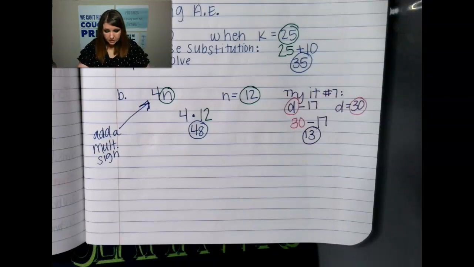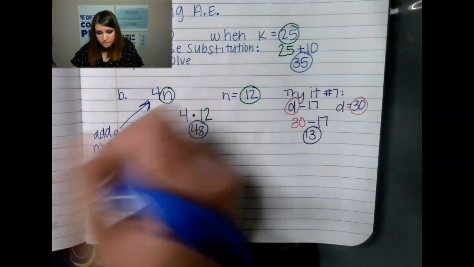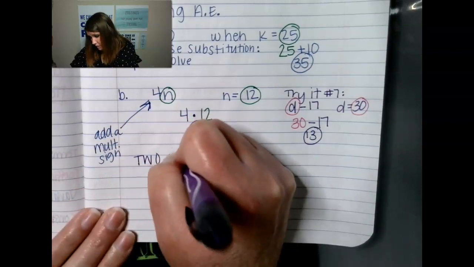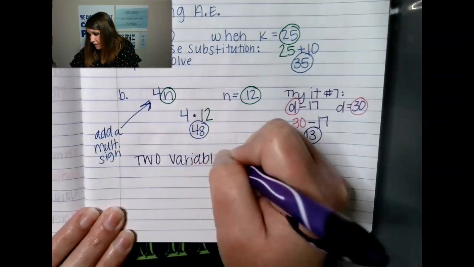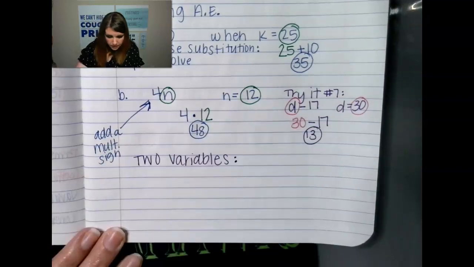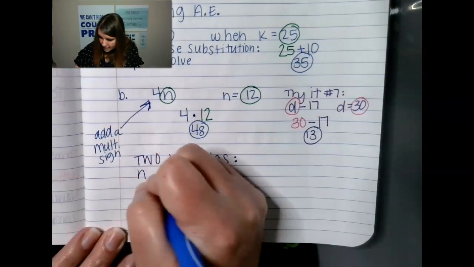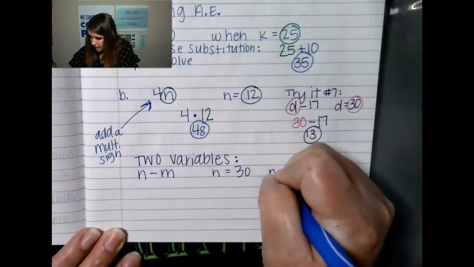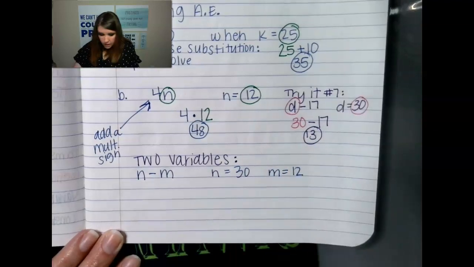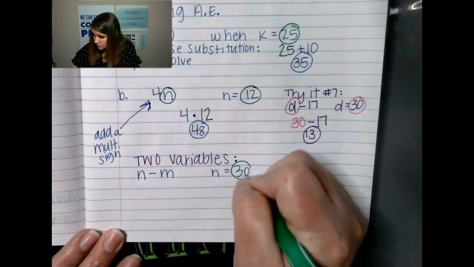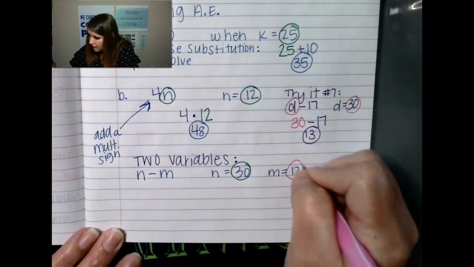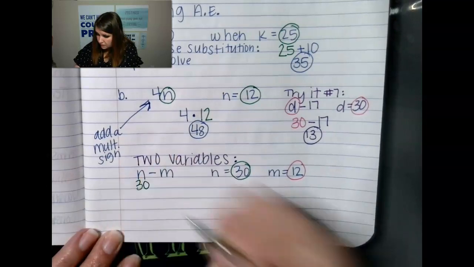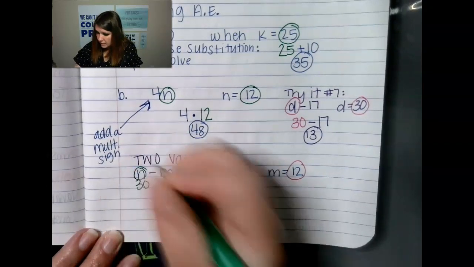Okay, and last but not least, 2 variables. So now what if there's 2 variables? Well, now you're going to plug in 2 letters. Okay, 2 variables. Let's say it says n minus m. N equals 30, m equals 12. You are going to now take this 30 and this 12 and you're going to put them in the right spot. So this 30 is going to go here because n is here.